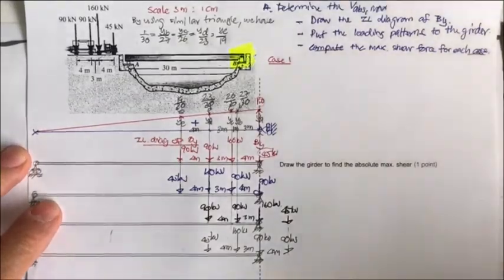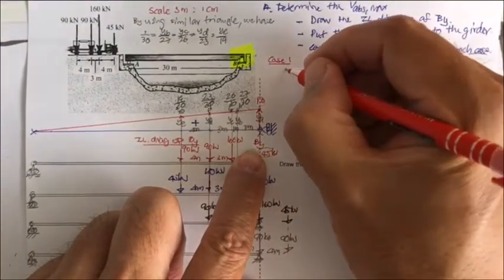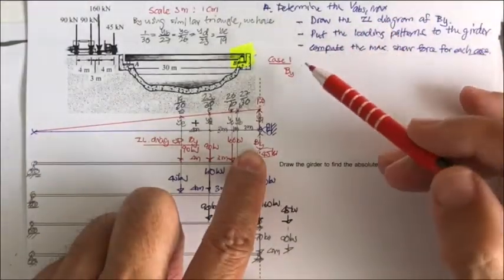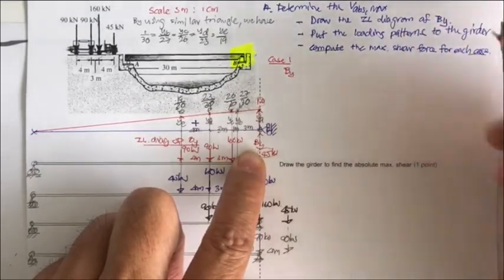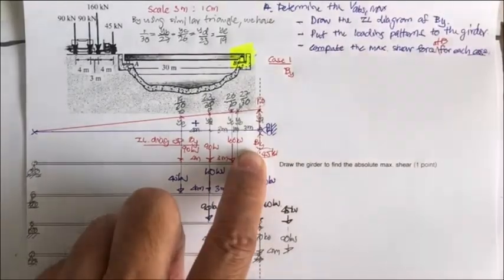So for case one, let's say this is B sub y, which is the maximum shear force at B, for each case.